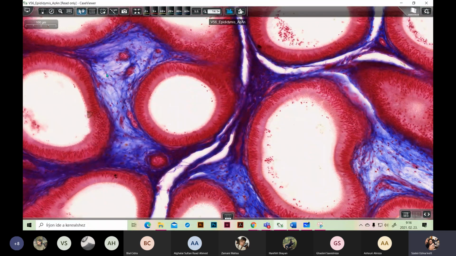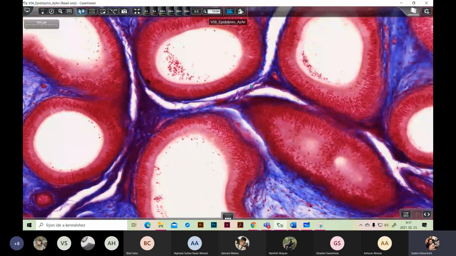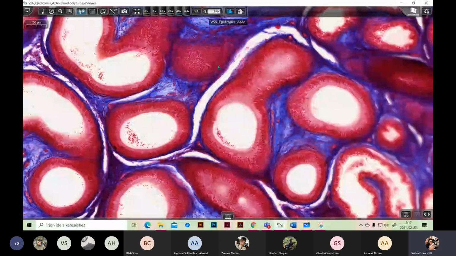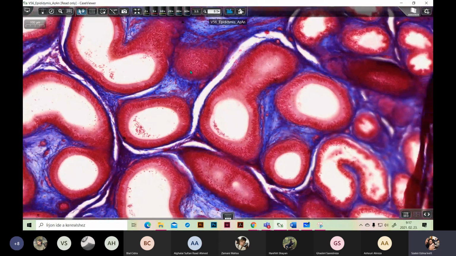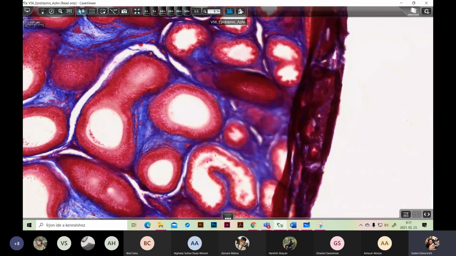Okay. What about this part? It's a loose connective tissue. And what is this here? That's vessel. Okay. And what about this part? That's tangential cut. Very good.